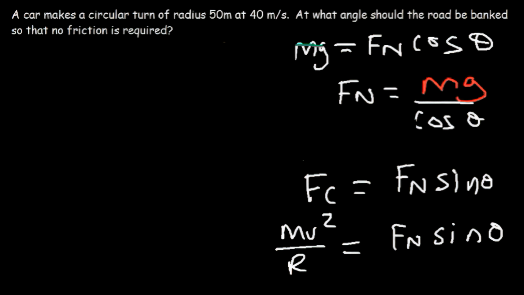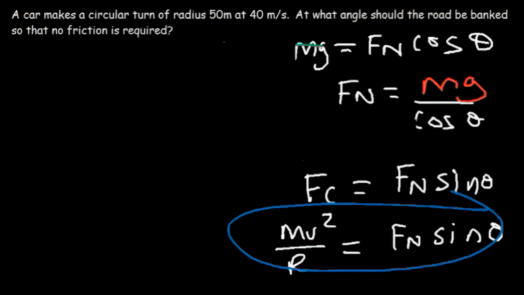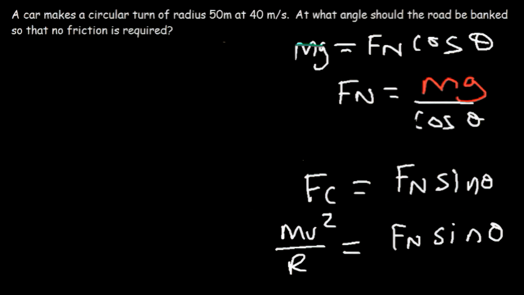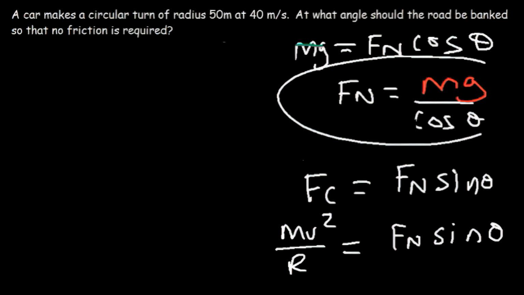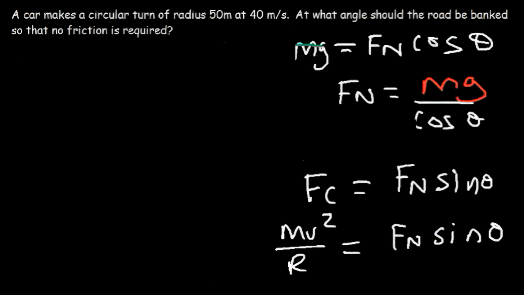So now somehow we got to find the angle at which the road should be banked, so that no friction is required to make this turn. So we can't use this equation because we don't know the mass, or at least we can't use it in that form right now. Nor can we use this one either because we don't have m.